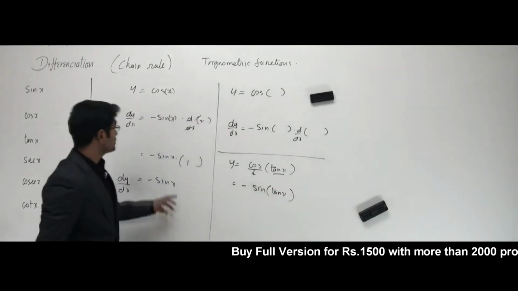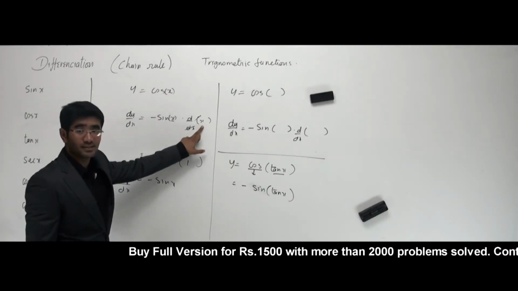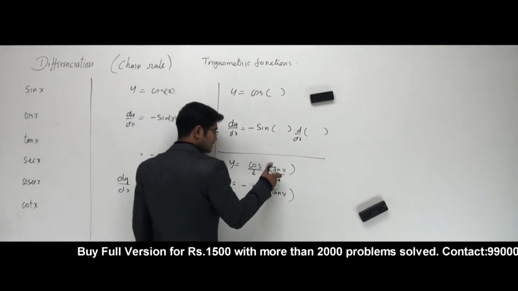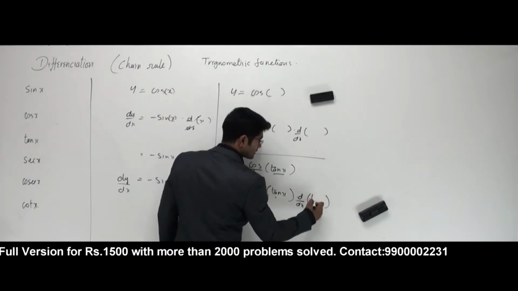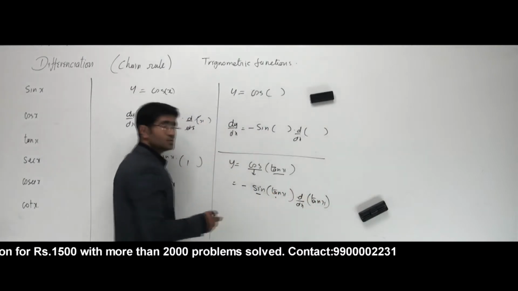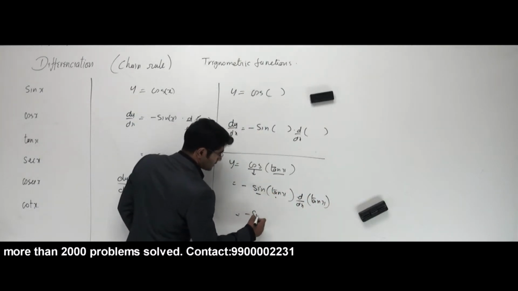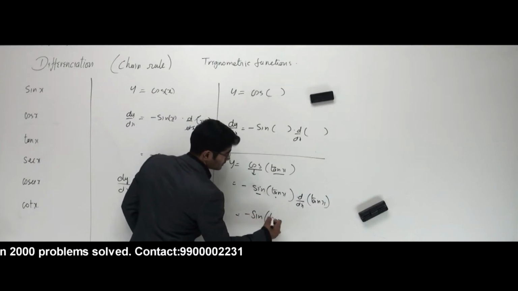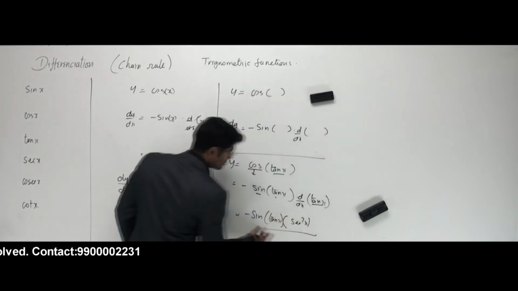Look at this. If it is cos x, it is minus sine x into d by dx of x. Similarly, if it is cos of tan x, it is minus sine tan x into d by dx of tan x. That's how I use chain in trigonometric functions. Now I differentiate tan x as secant squared x, and that's all about it.